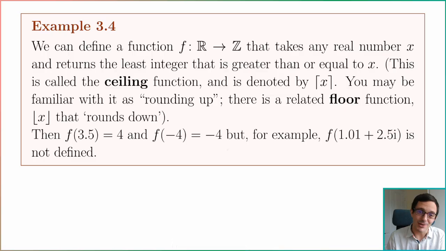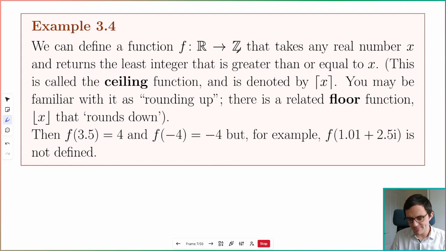That function would also be considered different because it has a different codomain. In this case, the codomain is Z, the integers. In the one I was just considering, it would be the reals. And even though all the values are the same for everything in the domain, it's considered a different function. We'll see why that matters when we get to some properties in the next subsection.